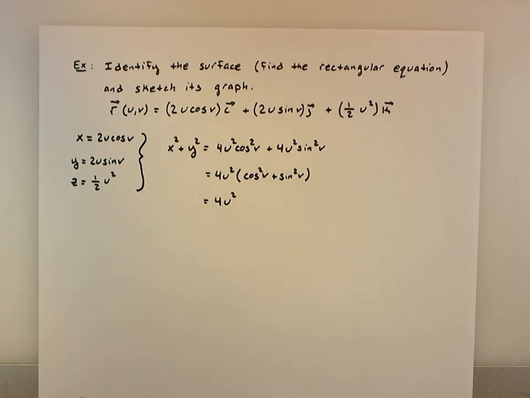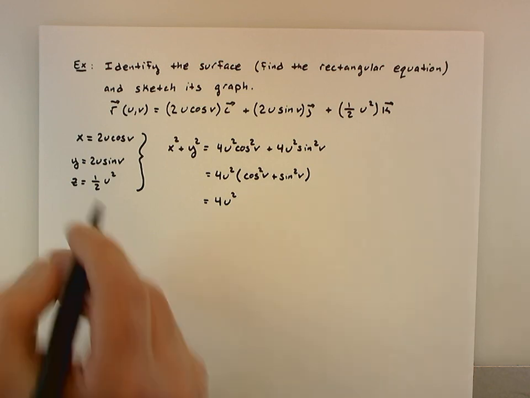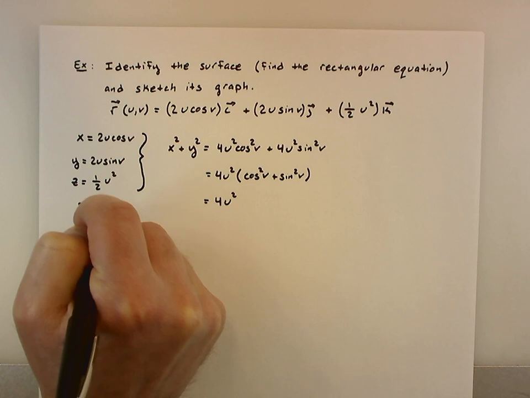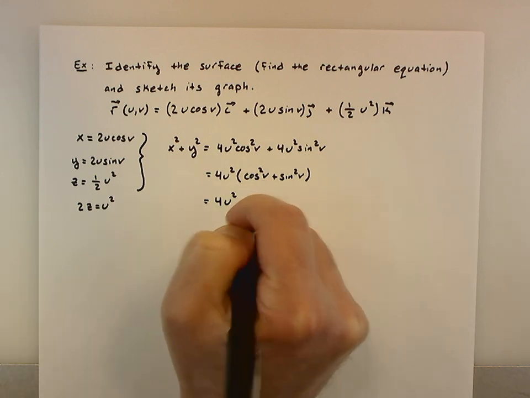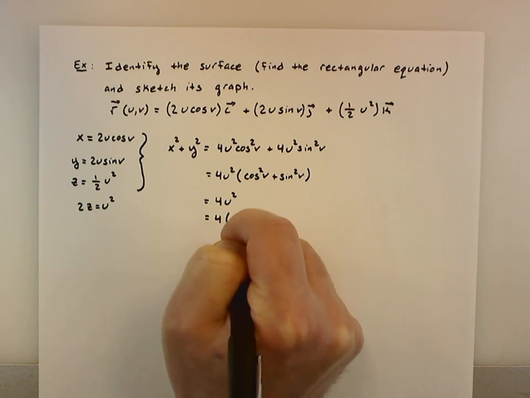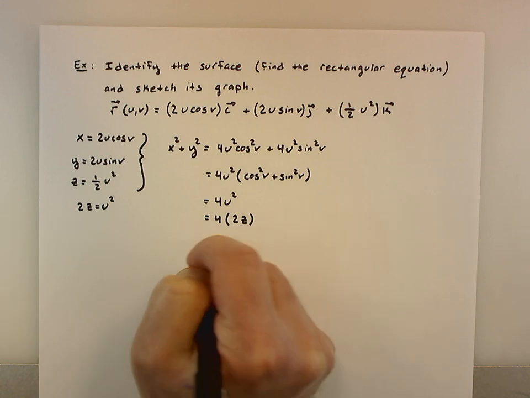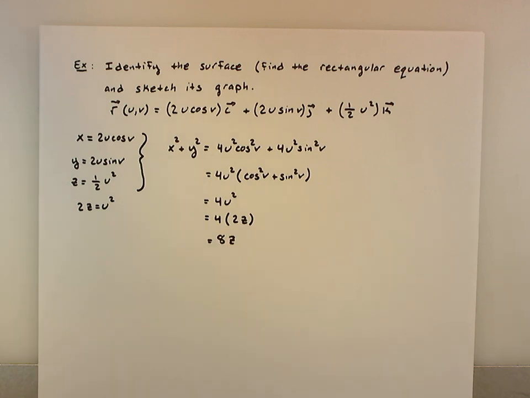To replace u from z equals 1/2 u squared, this implies that 2z is equal to u squared. So this turns into 4 multiplied by 2z, which is equal to 8z.